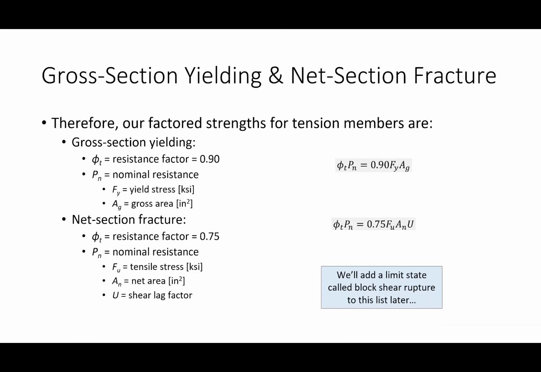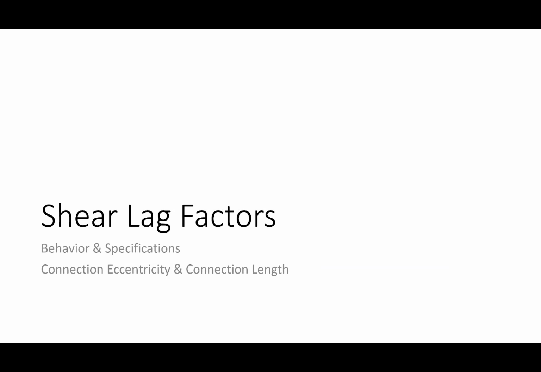We've spent the past couple of lectures on the net area and the gross area. Fy and Fu are lookups; we can just look those up in the specs. Those are pretty straightforward. The one thing we have yet to talk about in significant detail is this term U. Once we figure out what's going on there, we can start doing problems start to finish. So one of our goals for today is to discuss U and what these shear lag factors are.